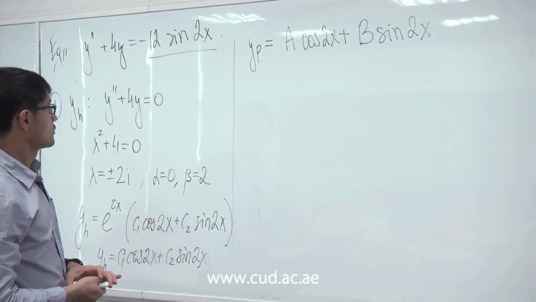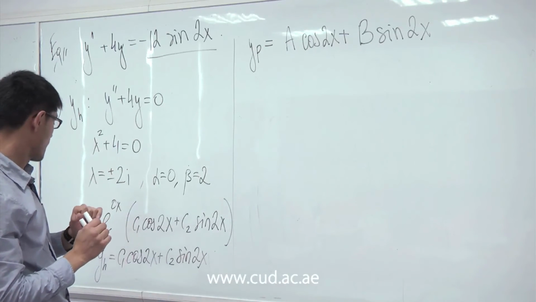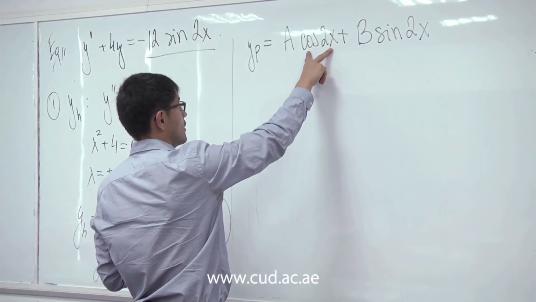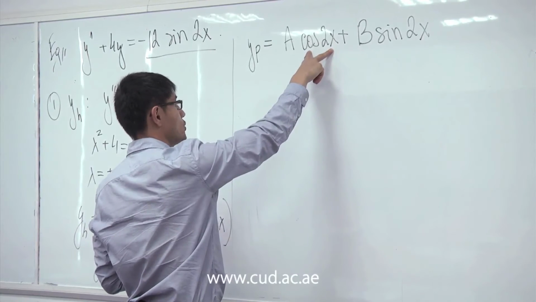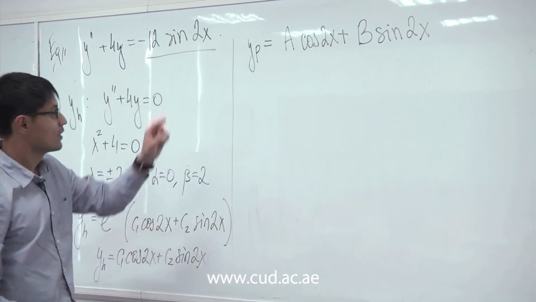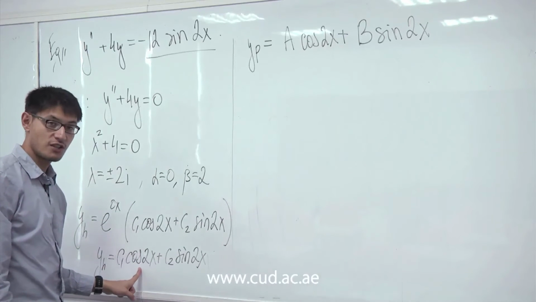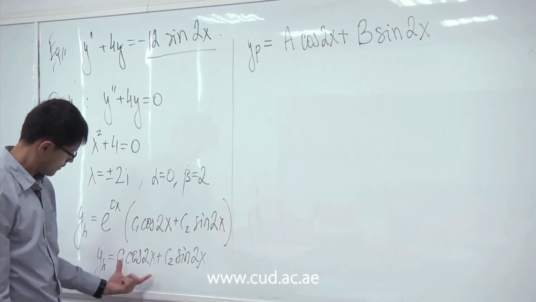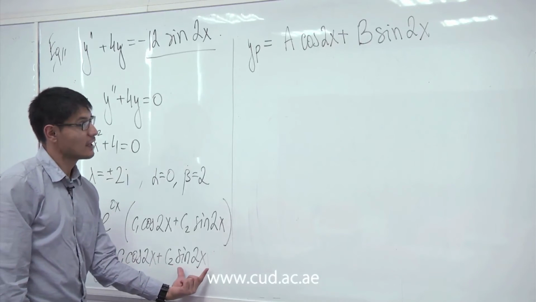All right, so let's see. Again, we have to be careful because the particular solution, cos 2x and sine 2x, is already contained in the homogeneous solution. So in my homogeneous solution, I also have cos 2x and sine 2x.